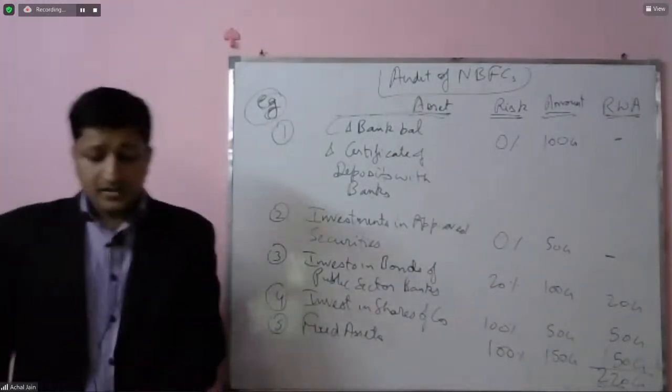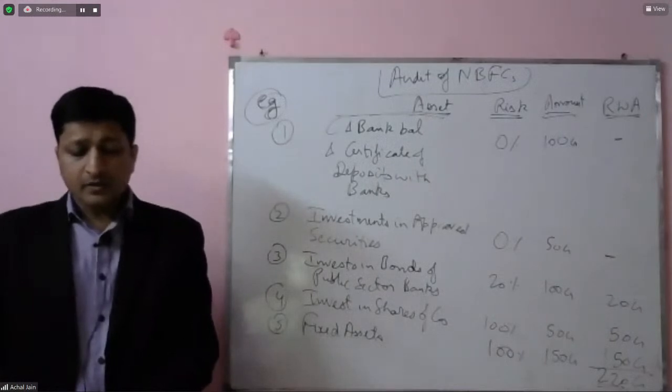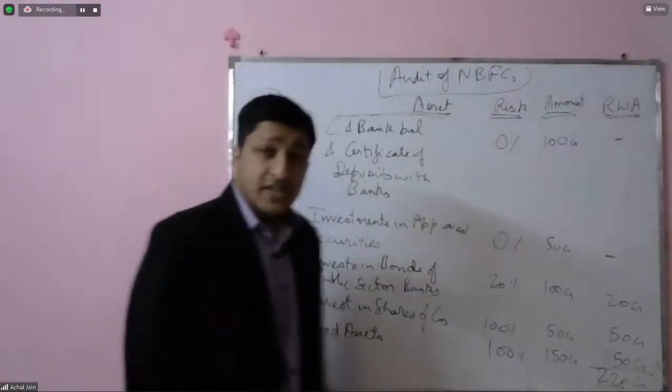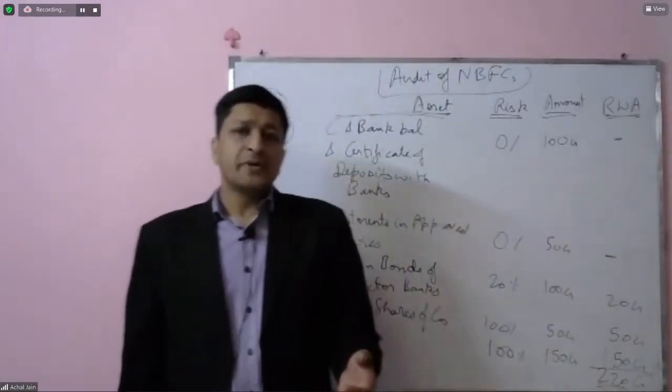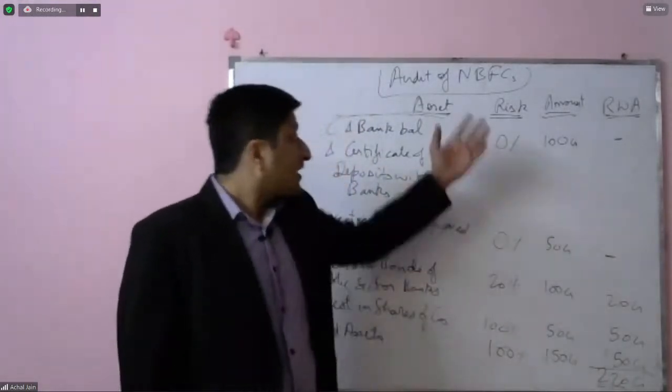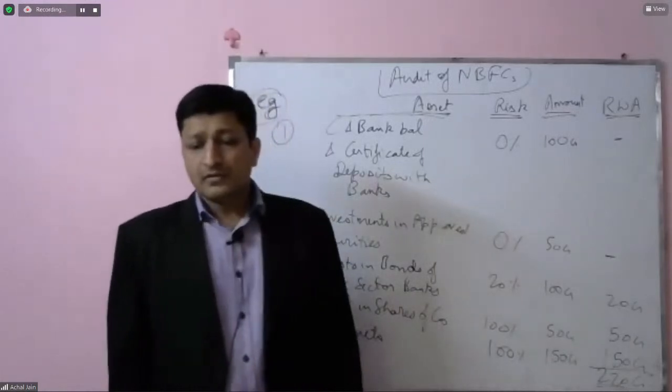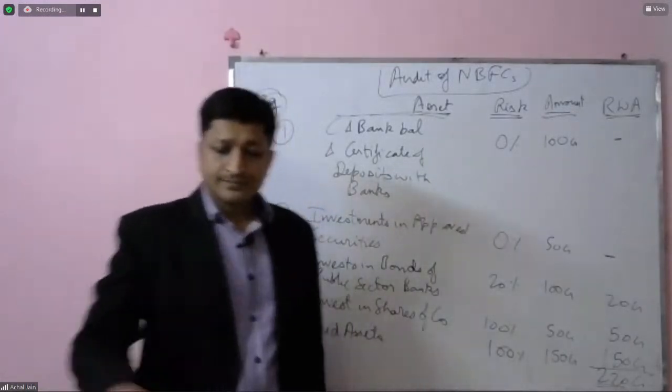So there are certain off-balance sheet items which are also required to be captured. The same thing you will see in the case of banks also, but the percentage will be different. The risk weights will be different.